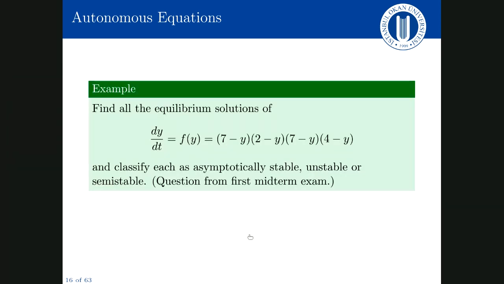For example, find all of the equilibrium solutions of dy/dt equal to some function of y, f(y), which in this case is (7 minus y)(2 minus y)(7 minus y)(4 minus y), and classify each equilibrium solution as asymptotically stable, unstable, or semi-stable. This should look familiar to you because this is a question from the first midterm exam.